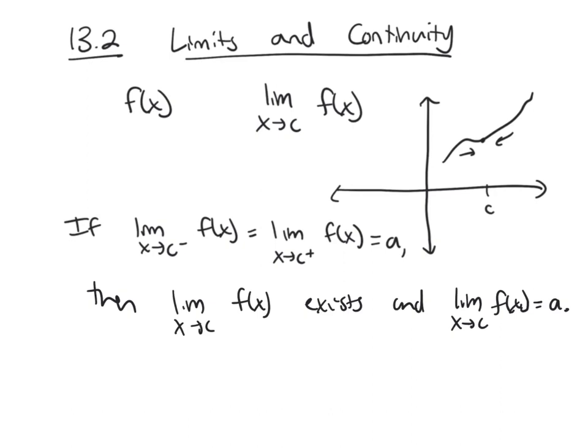So basically we approach the limit from both directions. We could only approach from the left and approach from the right. We approach c.